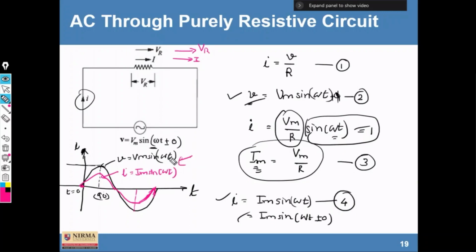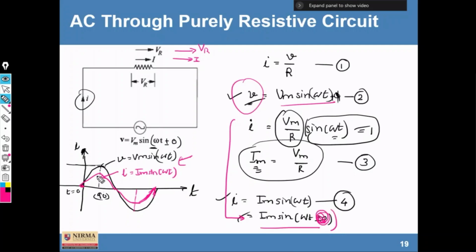So in a purely resistive circuit, we have the source voltage equation Vm sin omega t, and if we derive, we find Im sin omega t only. There is no phase difference.